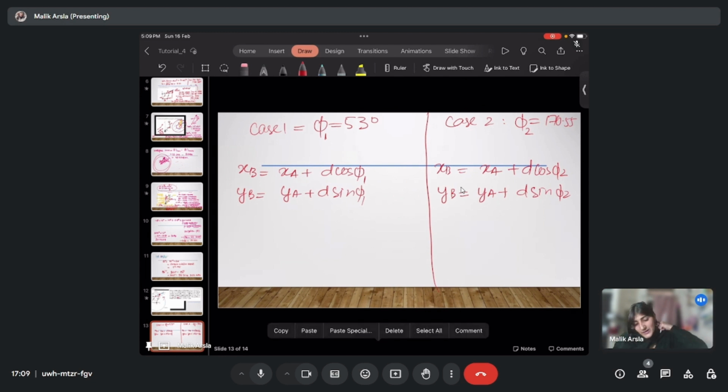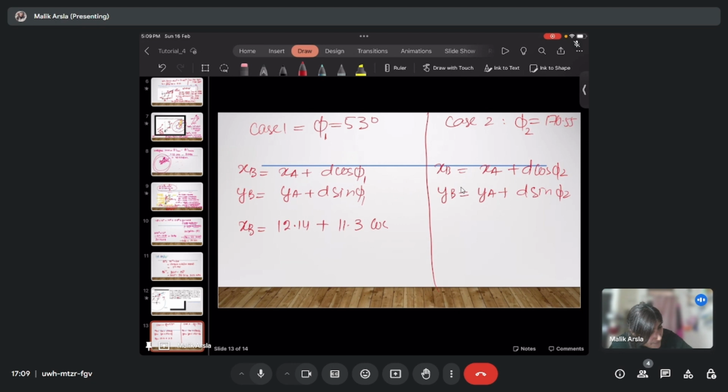So these two equations, you know all the values. Can you calculate xb for case 1? x is given as 12.14 plus d is given as 11.3 and cos of 53 degree. And yb, quickly calculate it, yb is given as ya, which is 13.43, plus d is given as 11.3, and sine of 53.